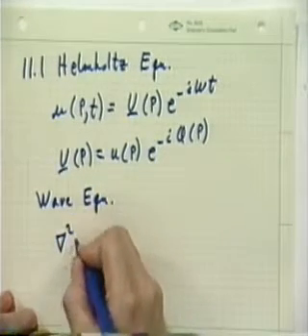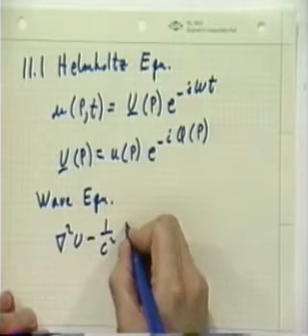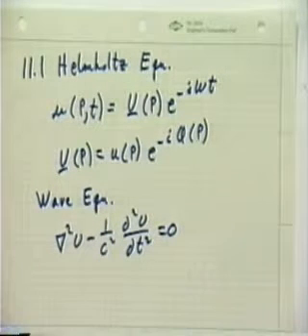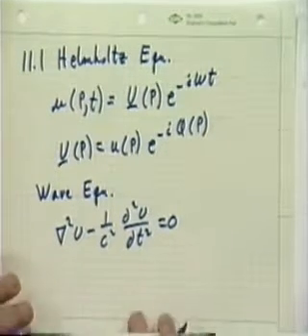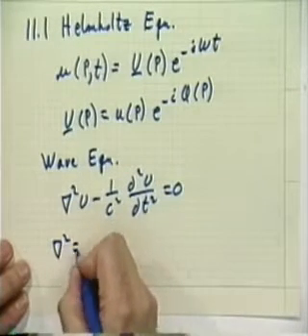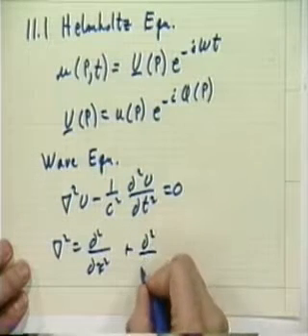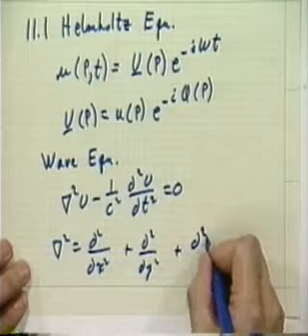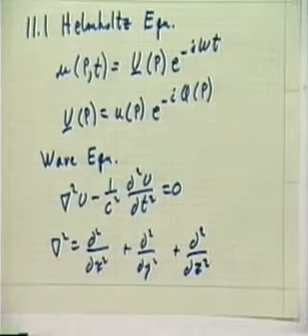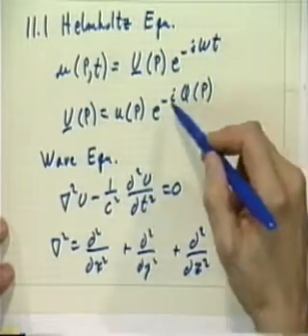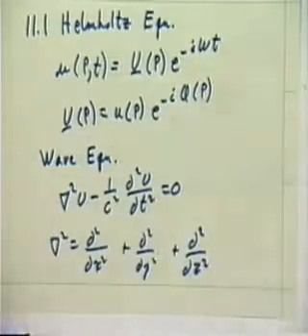And so del squared u minus 1 over c squared, second derivative of u with respect to t, is 0. Need more coffee. Well, we know this del squared is the second derivative with respect to x, and the second derivative with respect to y, and the second derivative with respect to z. Now we know the time dependence here, and it's really just the space dependence that we need to find.